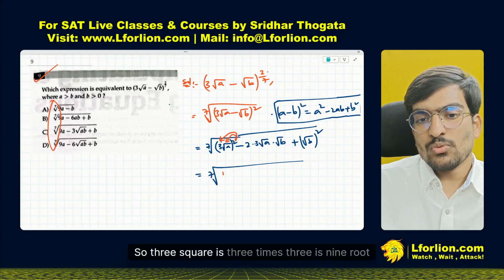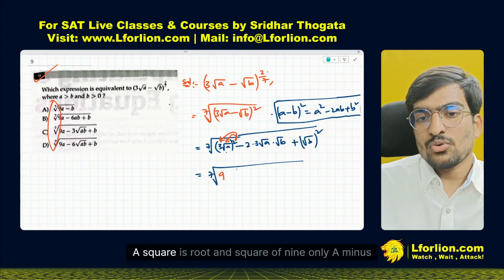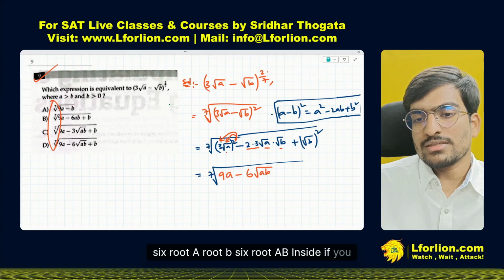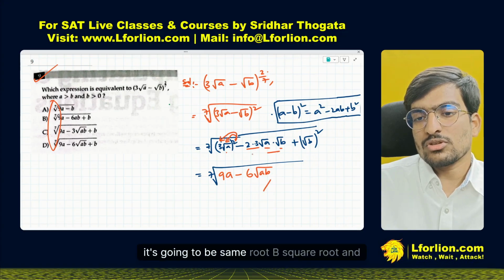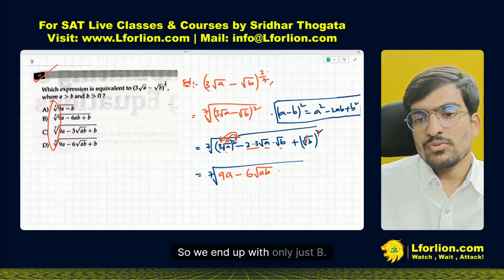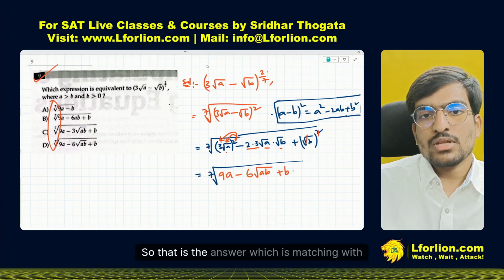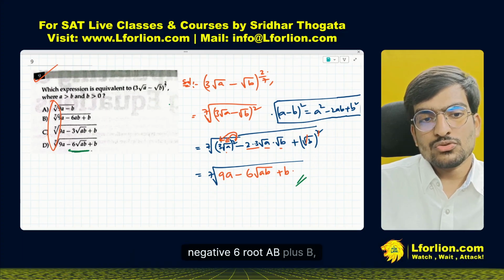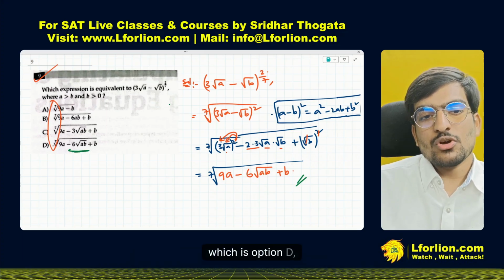So 3 square is 9. Root a square, the root and square cancel off, only a. Minus 2 times 3 is 6, root a times root b is root ab inside. Root b square, root and square cancel off, so we end up with just b. So that is the answer, which is matching with 9a minus 6 root ab plus b, which is option D.